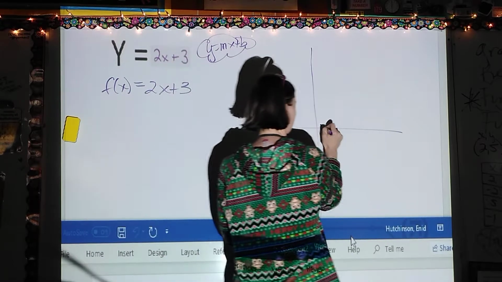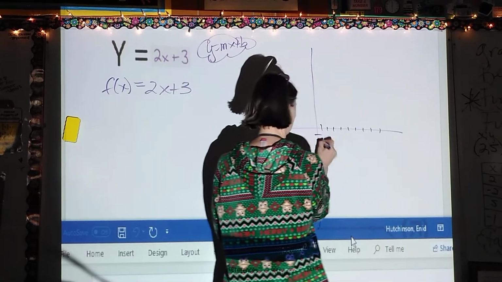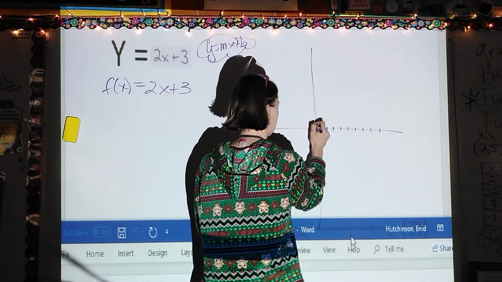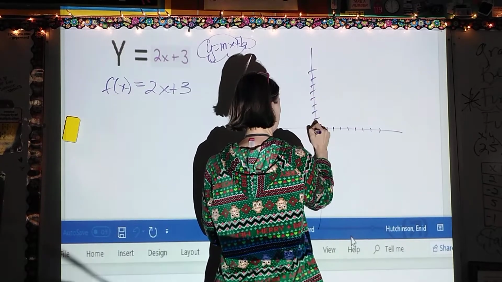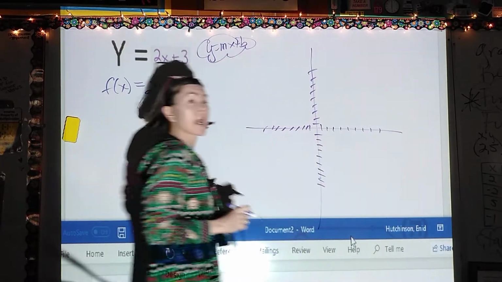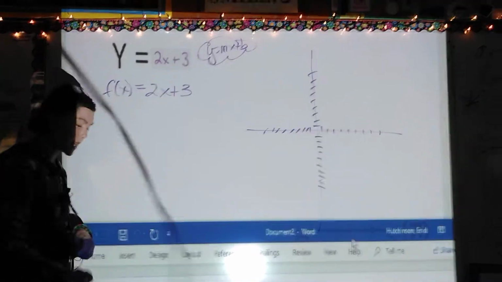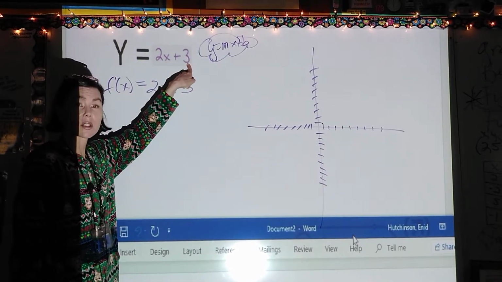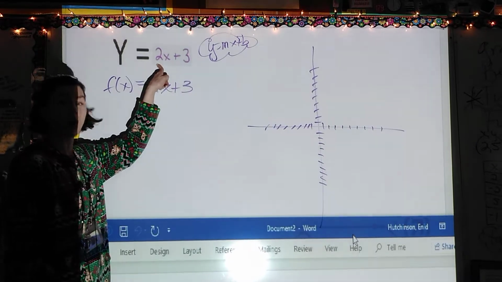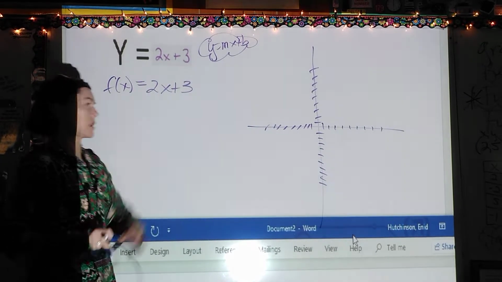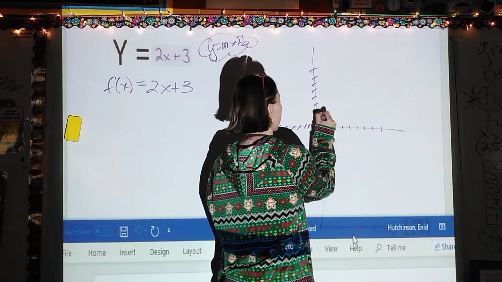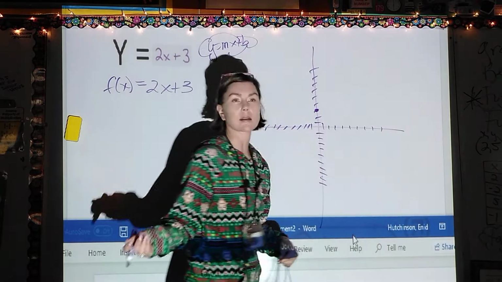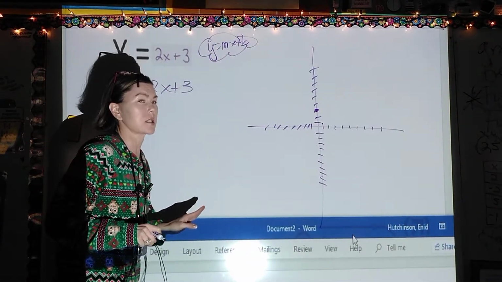Go ahead and put it in. Okay, and what did we say the two steps were? We said that we had to plot the y-intercept and do rise over run. We know this. So go to a positive 3. 1, 2, 3. Put the dot, right? We already know this. This is just review.